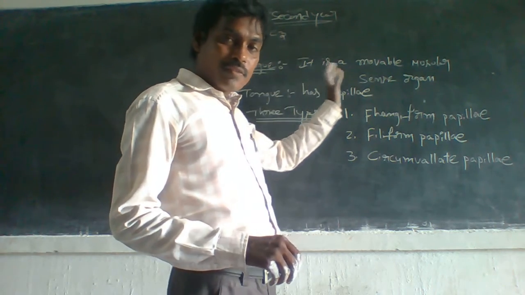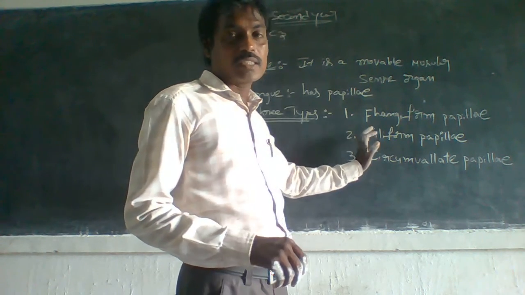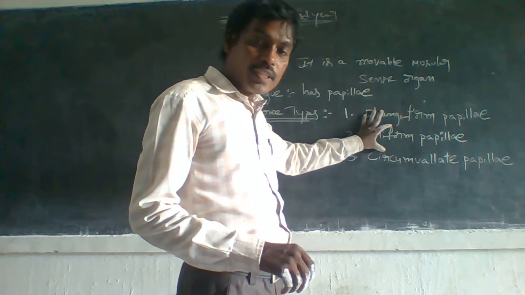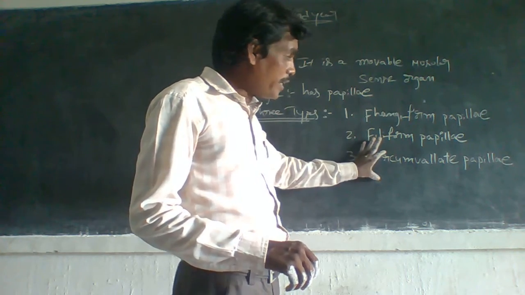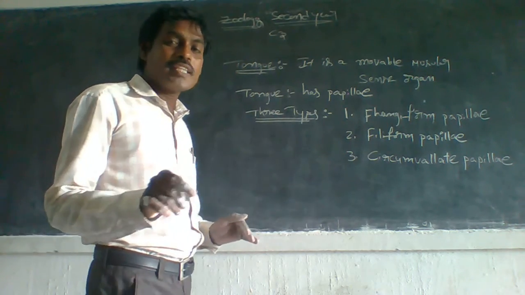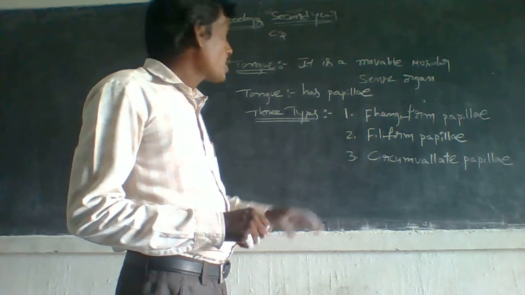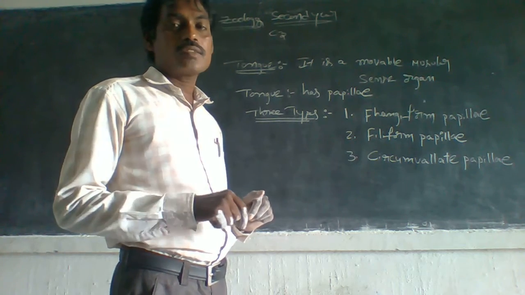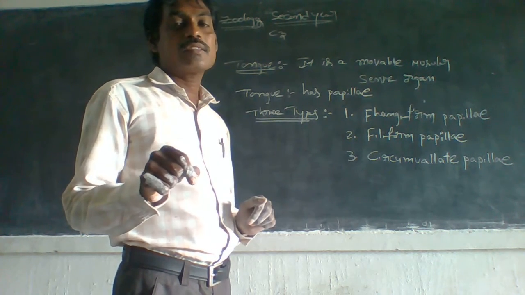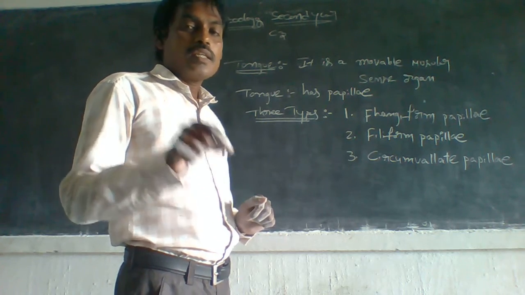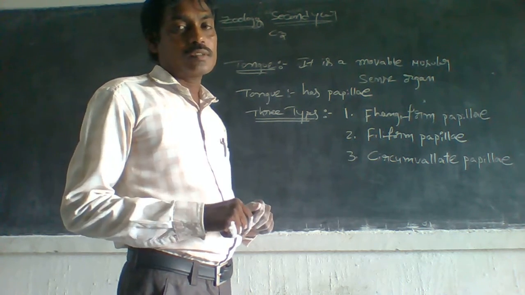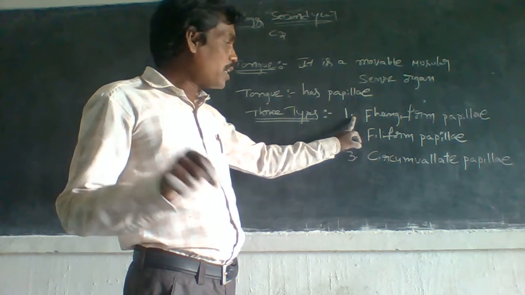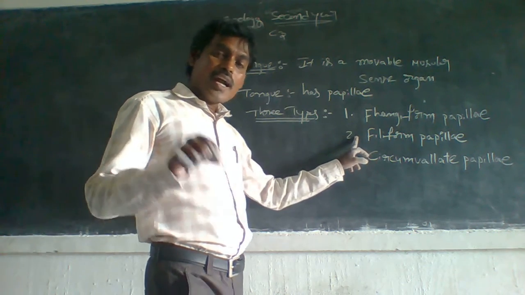The tongue surface has three types of papillae: fungiform, filiform, and circumvallate papillae. They are called tasting buds.